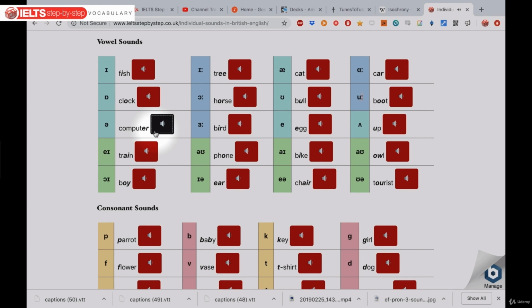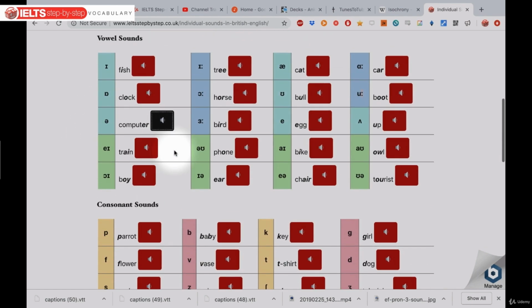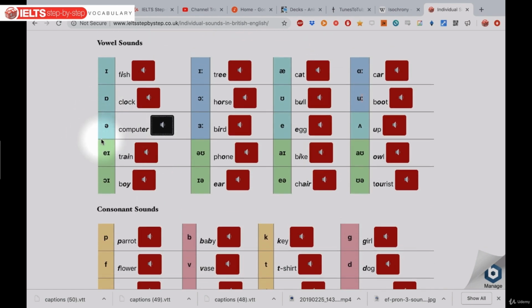And this has got a special name. It's the only phonemic sound of all of these that has a special name, and it's called the schwa. And schwa, I think it's Hebrew. It means nothingness.